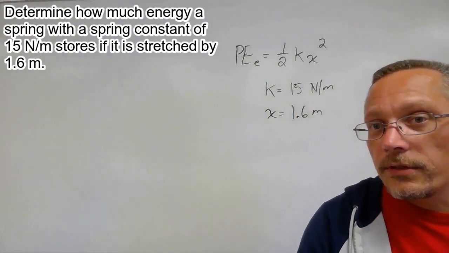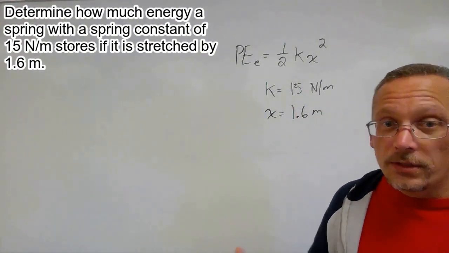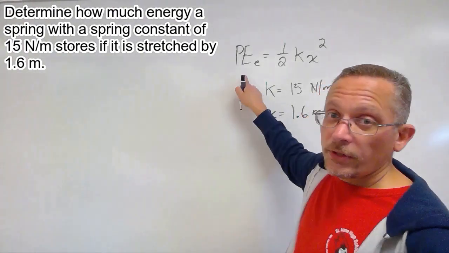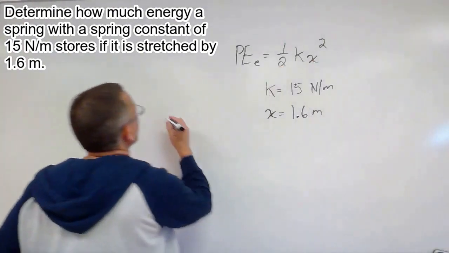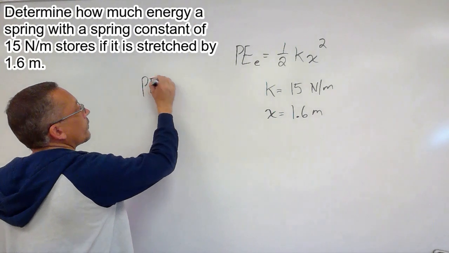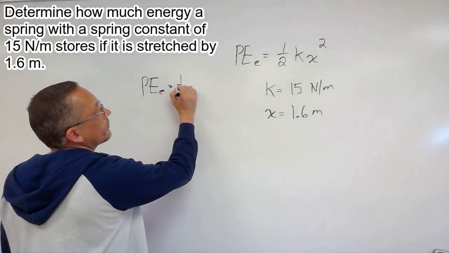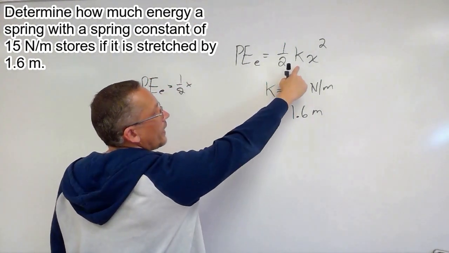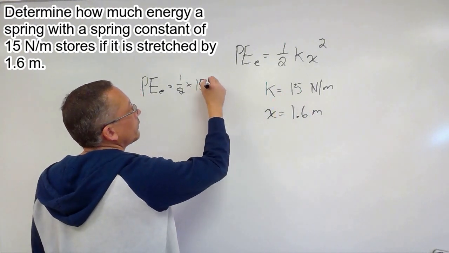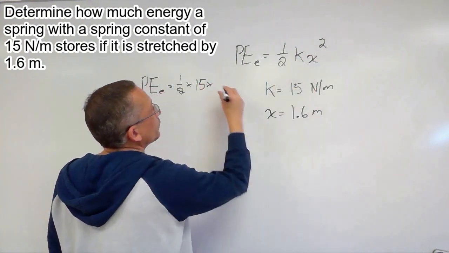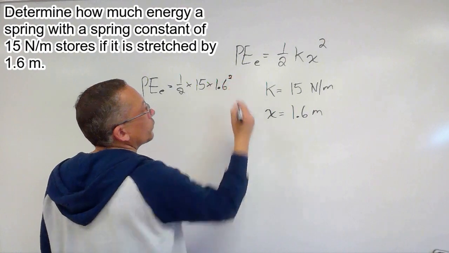Okay. Now I have all these numbers. I can go ahead and put them into my equation and see how much energy. So I'm trying to find the elastic potential energy. It's 1/2, that's K, which is 15, times X squared, which is 1.6 squared.